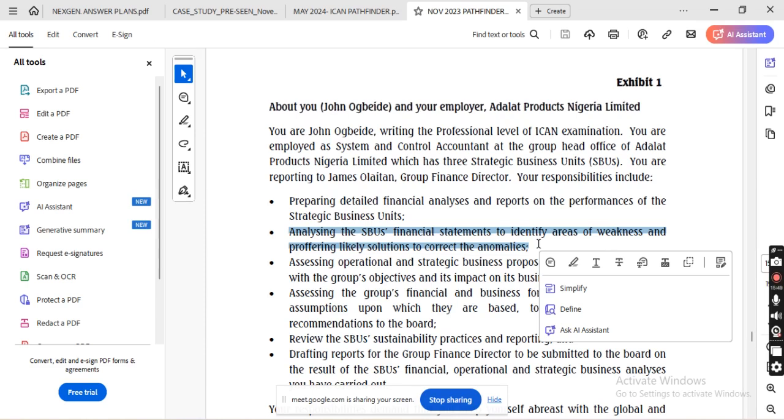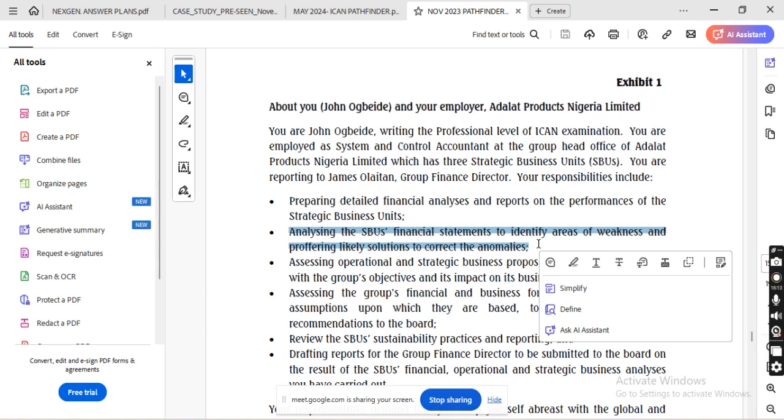From your unseen again, you can have a picture of what your requirement will be, from your responsibility. You can see that the first one is saying preparing detailed financial analysis, financial ratio analysis.